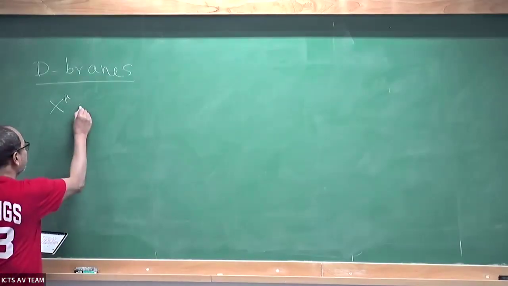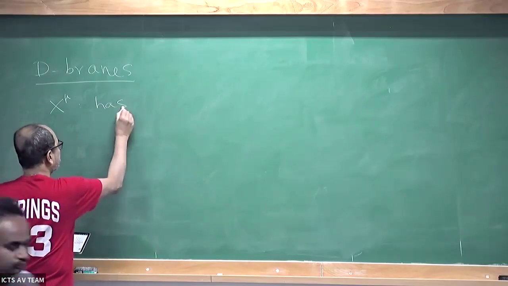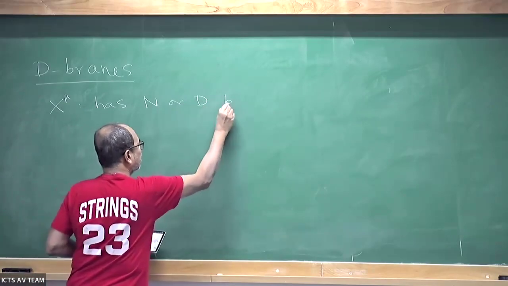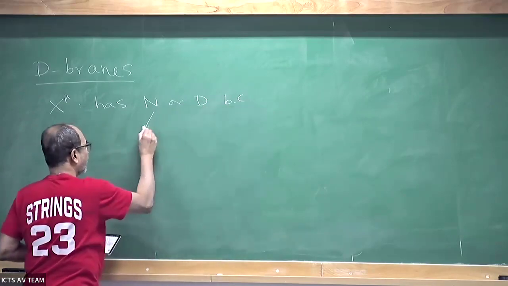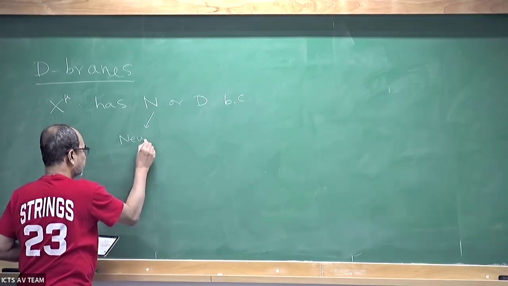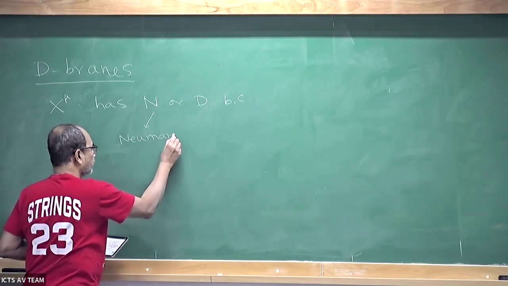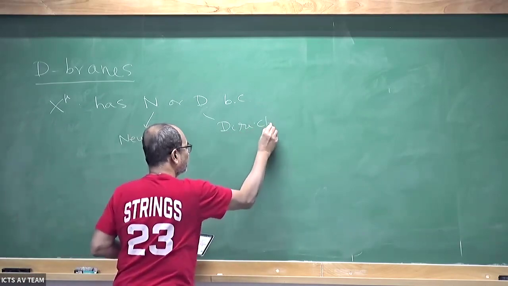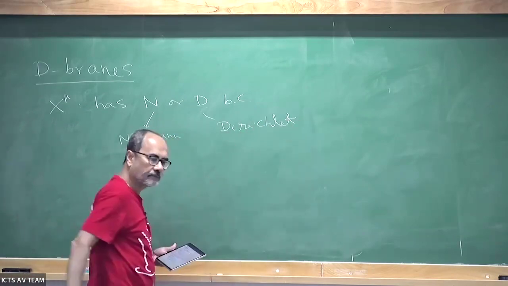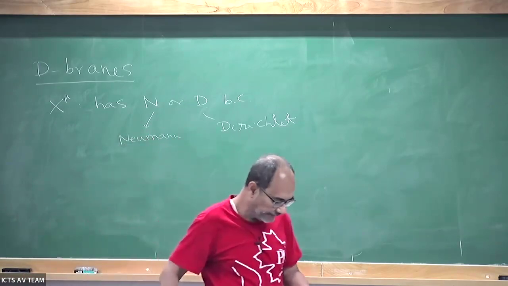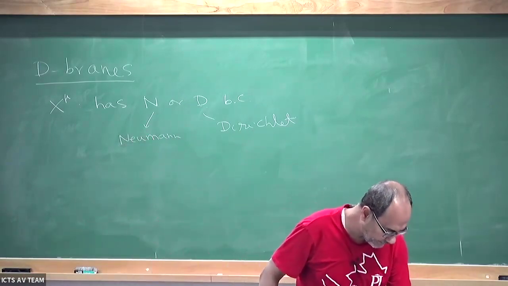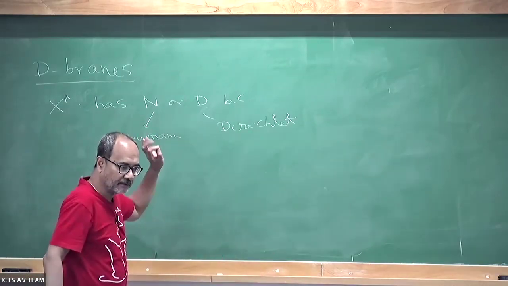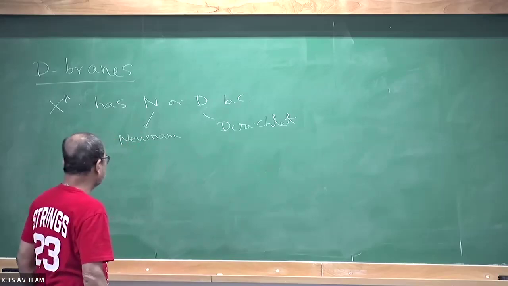This, of course, has N or D boundary condition. Okay, so N stands for Neumann, and D for Dirichlet. And also in this, there will also be NS and R. So one shouldn't confuse between N and NS. Okay, so NS will be the NS sector.